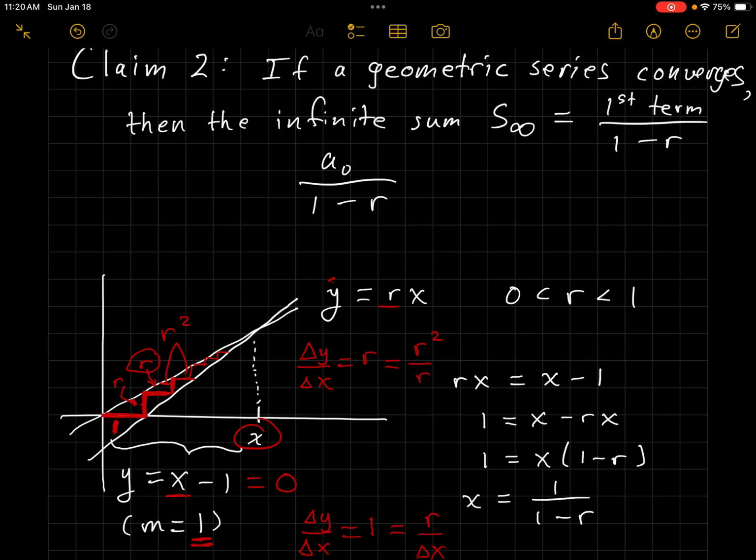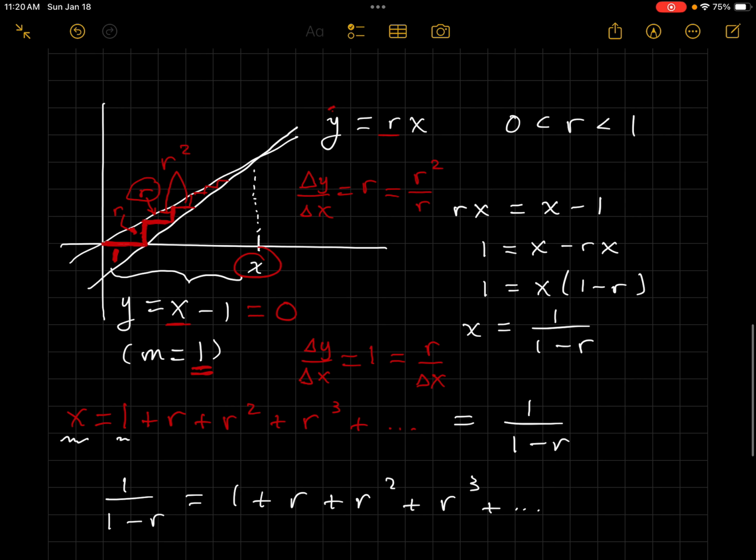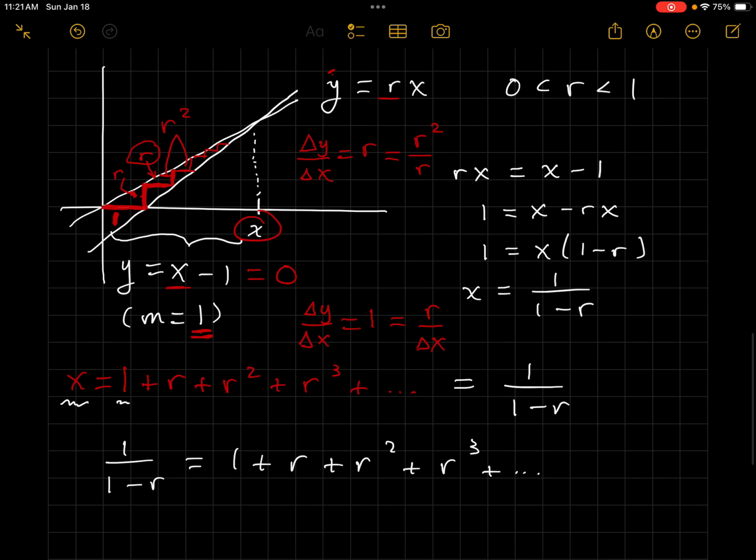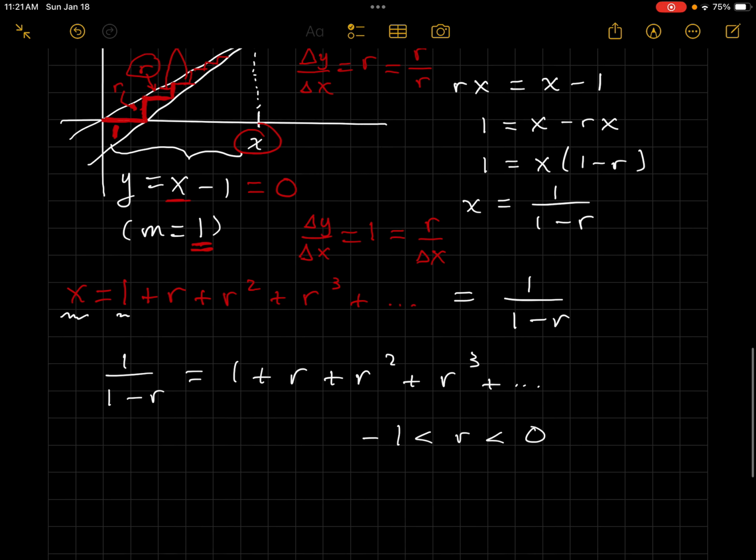Now, I have not proven the claim. I have simply shown it in the simplest case and for positive r's. There's a very similar approach to show that this also works for r between negative 1 and 0. I won't show it here. Perhaps in a later video.